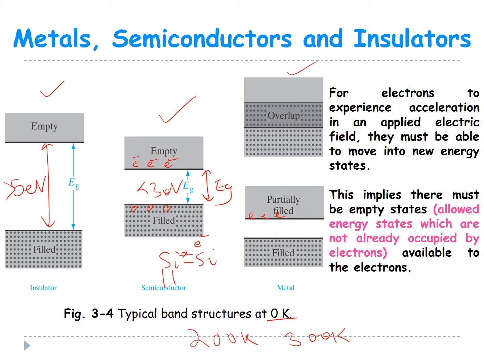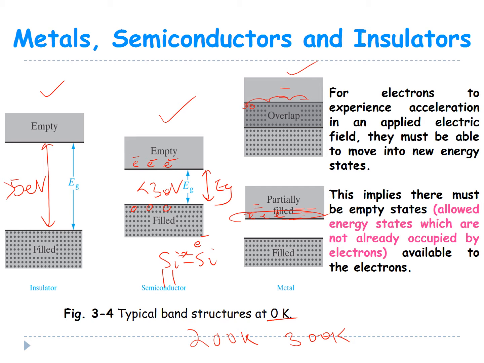And in both models, you can see that you have electrons that are very close to empty states that are nearby. So these electrons can go to these higher energy states, these empty states, and actually conduct electricity. So even if you have a partially filled conduction band, it means you have electrons here and empty states that are available for the electrons to go to.